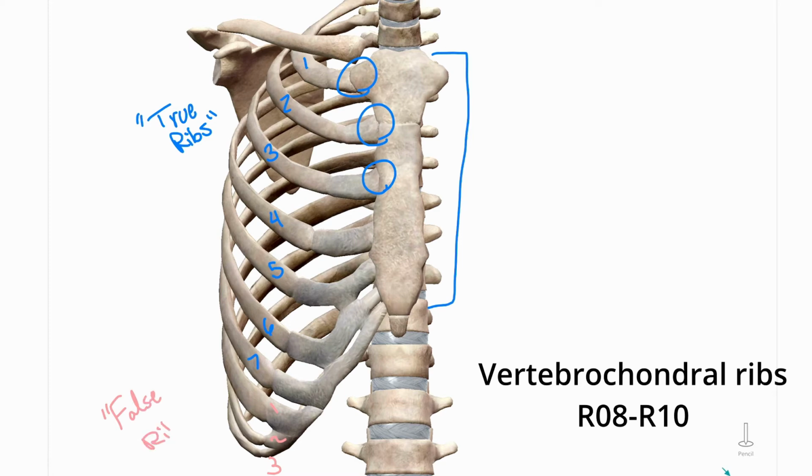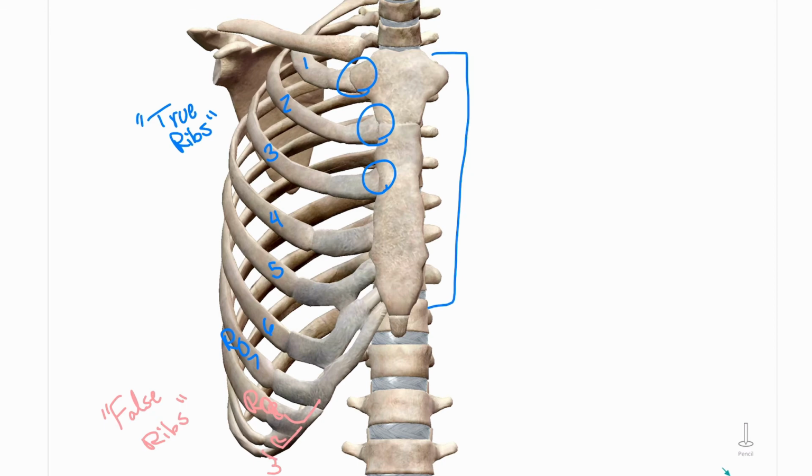While they do still connect directly to the spine, they're not directly connected to the sternum. Instead, they're connected by cartilage to the rib above, like so. If this is R8 and this is R7 here, R8 connects to R7, R9 to R8, and R10 to R9.